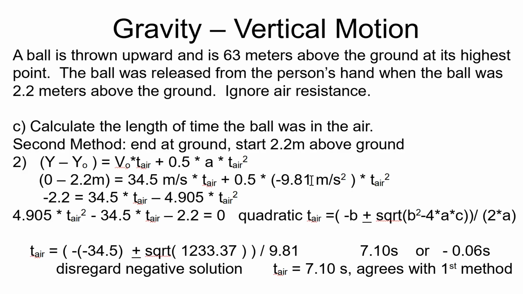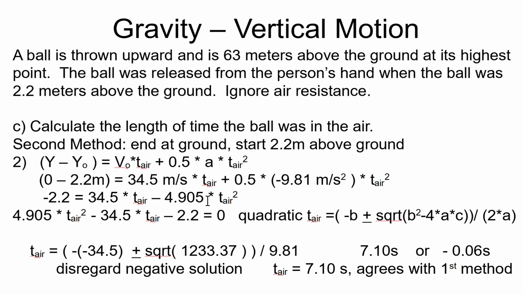It is very important to never put an x-type number, a horizontal number, in a vertical calculation. Again, pause, put in these numbers and do the calculation on your own calculator, and you'll find 4.905 is the coefficient of t squared. It's 0.5 times minus 9.81, minus 4.905 is the coefficient of t squared.